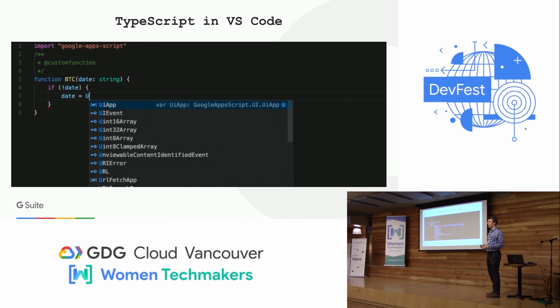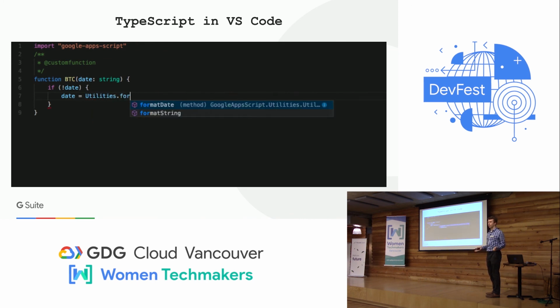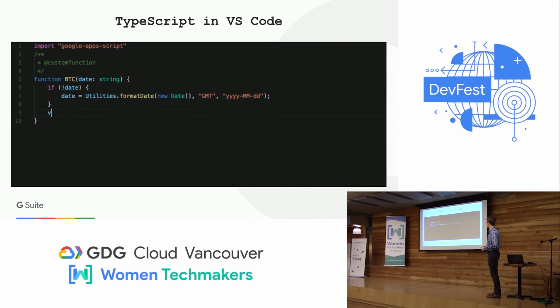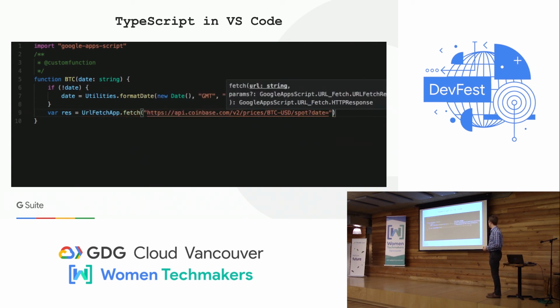TypeScript is really awesome. It's really not that heavyweight too. It's a lightweight way to write typed JavaScript. And so here we're getting autocompletion. For example, formatDate specifies a specific format. And we'll get autocompletion like UrlFetchApp, like if I forgot the app maybe.